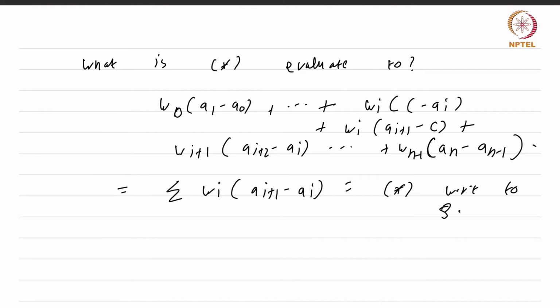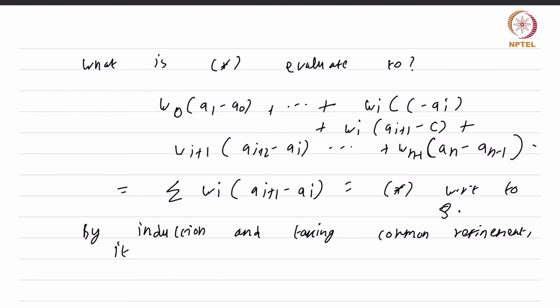Okay, so adding one point to the partition does not change the value of the integral we have defined for step mappings. By induction and taking common refinement, it is clear that star is well defined.